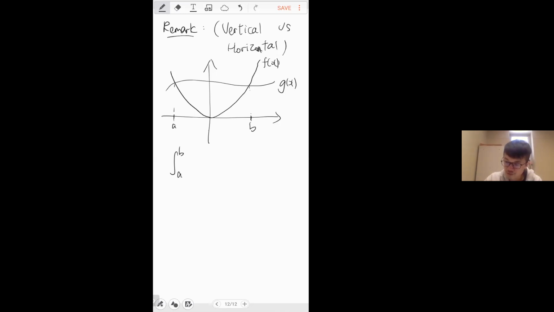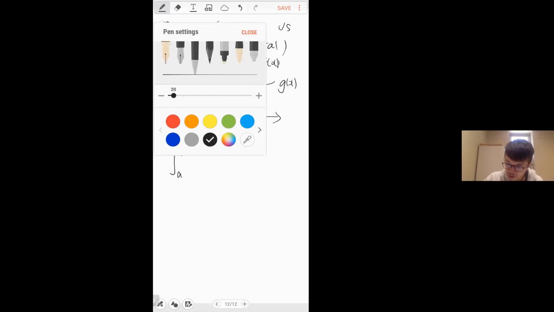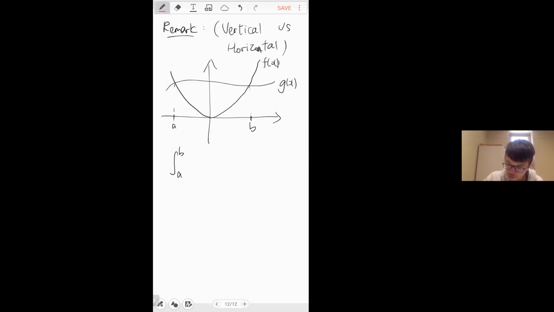So what I'm saying is, let's say this is my f of x. Say this is my g of x. So this is a, this is b. So the way I do vertical and horizontal is as follows. If I can draw a rectangle like this, remember when we first defined the integral, it's defined to be the area of rectangles, and then you take the number of rectangles to be infinite, right?